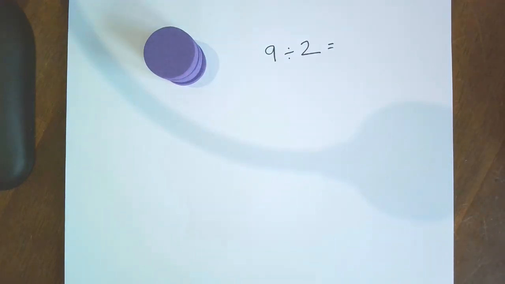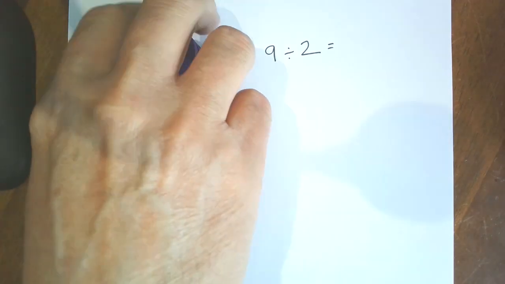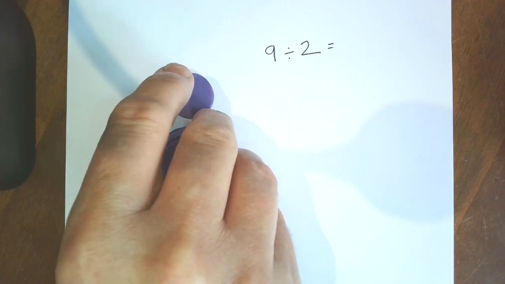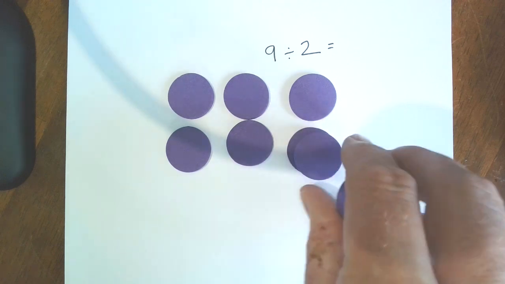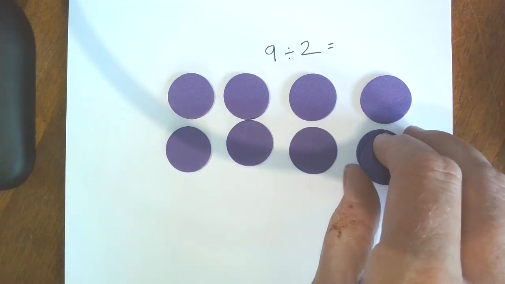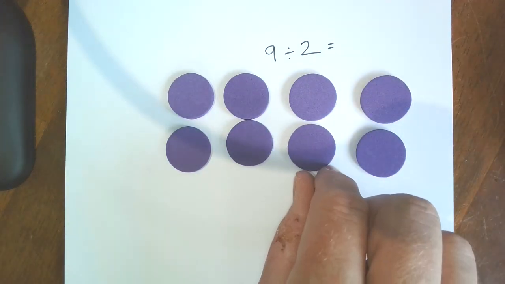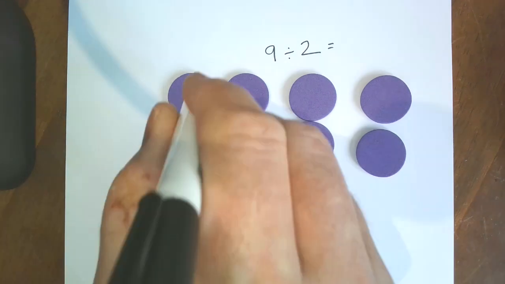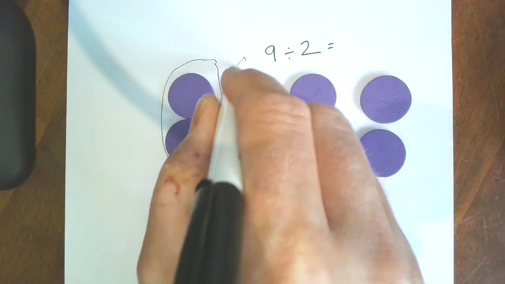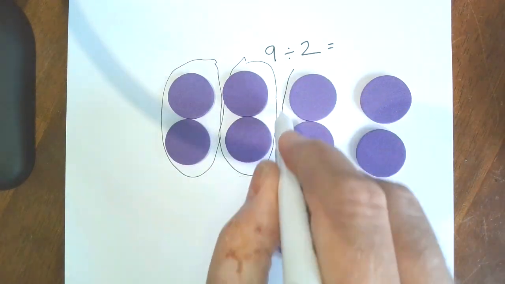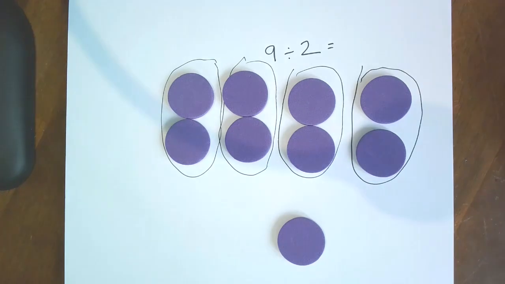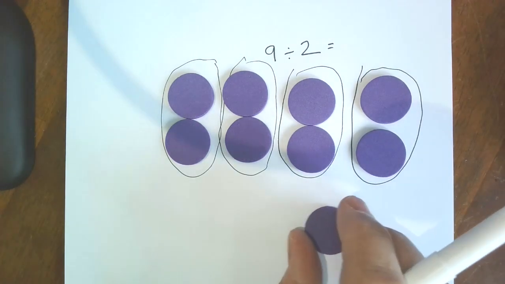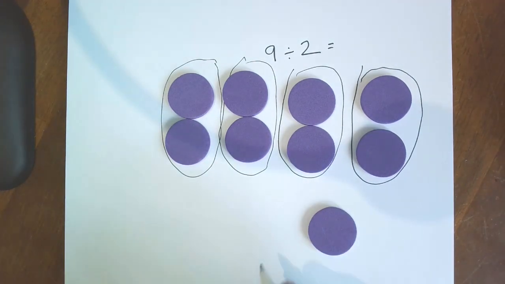How about if I have 9 divided by 2? Well, just to show you one way of doing it, share those 9 counters out into groups of 2. And you can see that I've got 1, 2, 3, 4 groups of 2, but you can see there's this little counter left out.